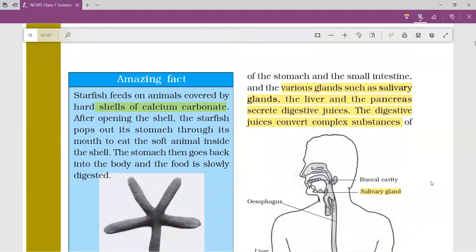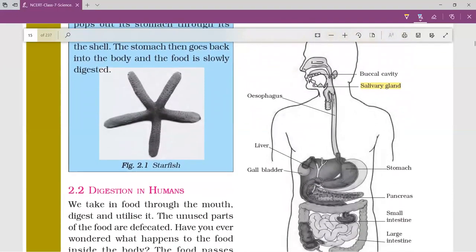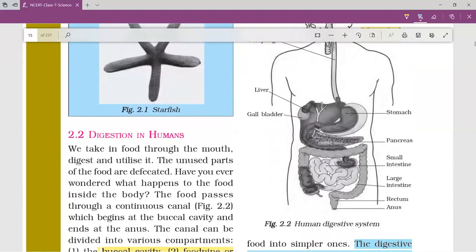There are also some glands engaged in the digestion of food, like the salivary glands, liver, and pancreas. You will see the salivary glands in the buccal cavity. You will see the pancreas here, which is grayish cream in color, and the liver, which is the biggest gland in the body.